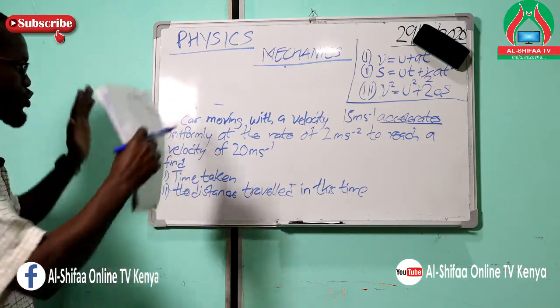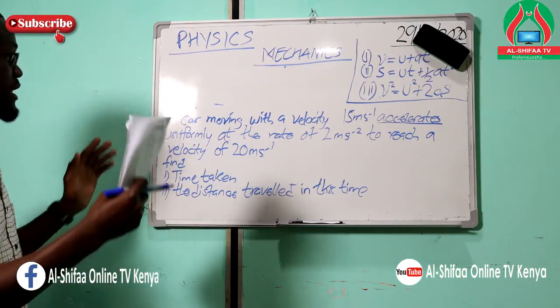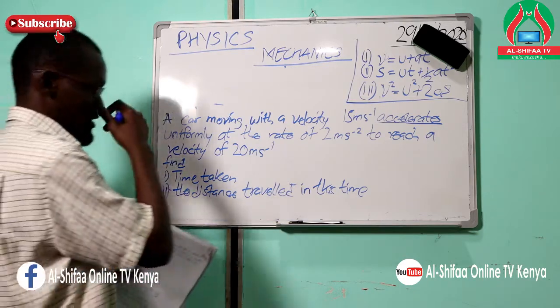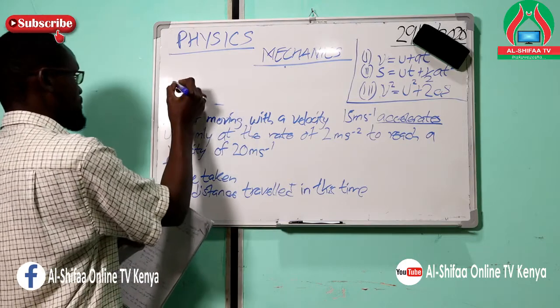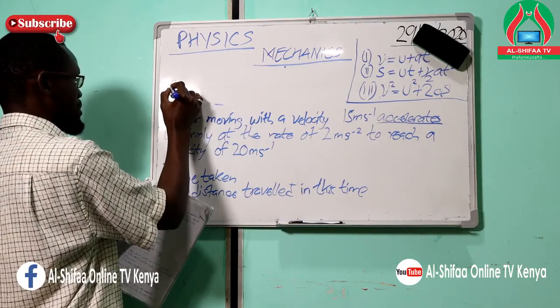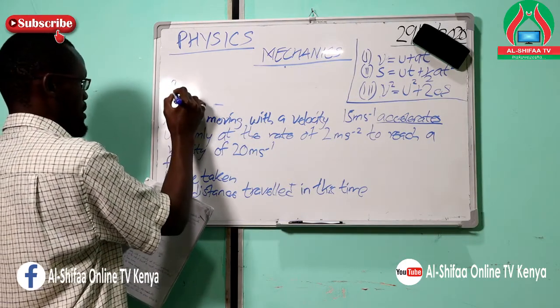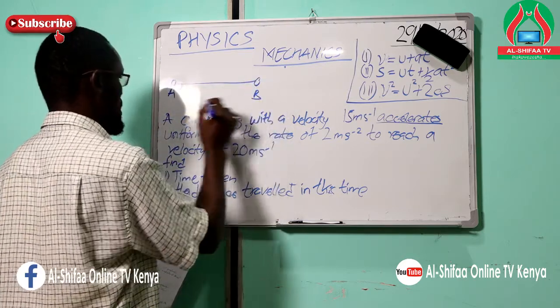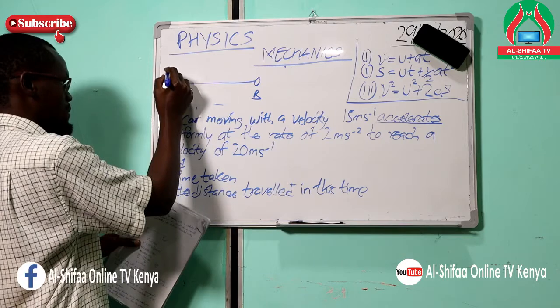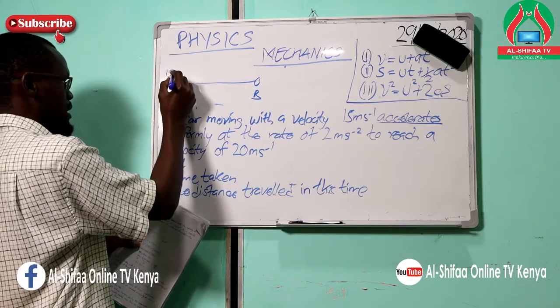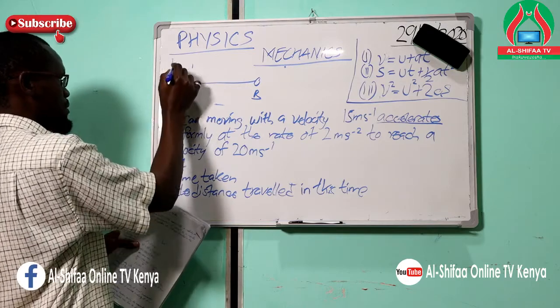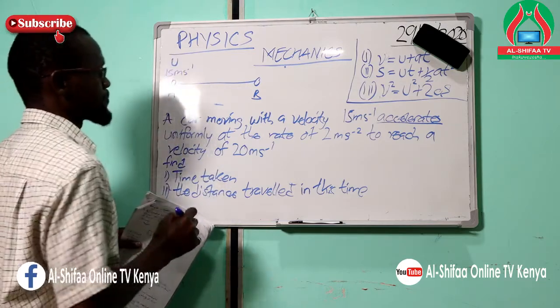Are you able to draw a picture or a sketch of the problem? So we have point A and let's say point B, whereby at the beginning the car is at 15 meter per second, which is our initial velocity.